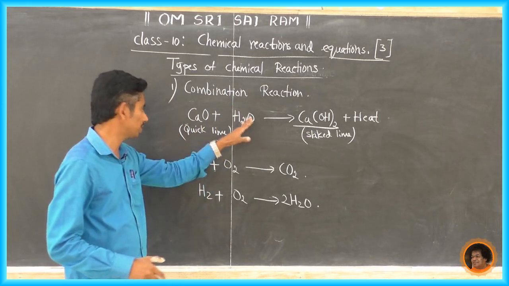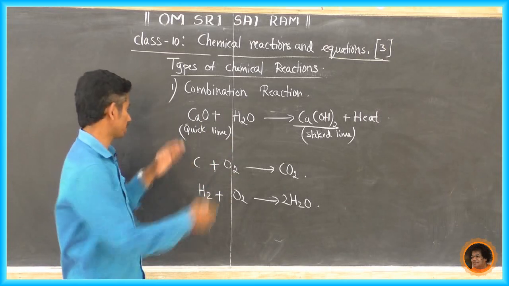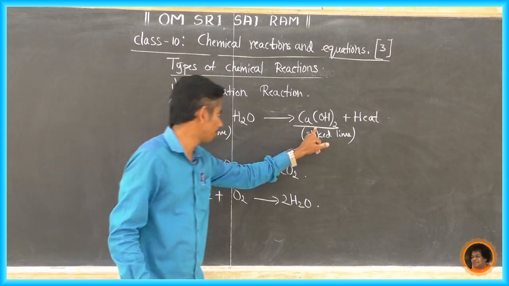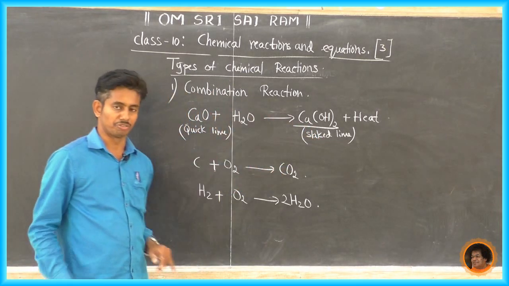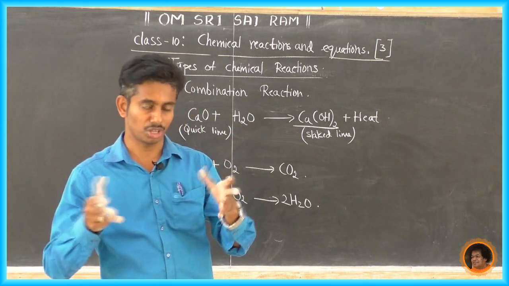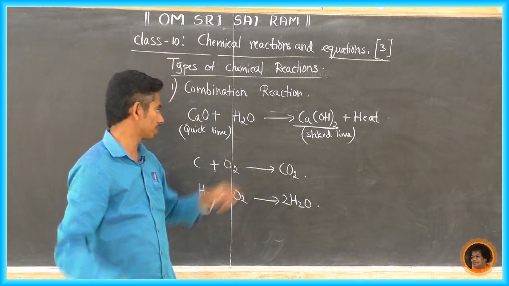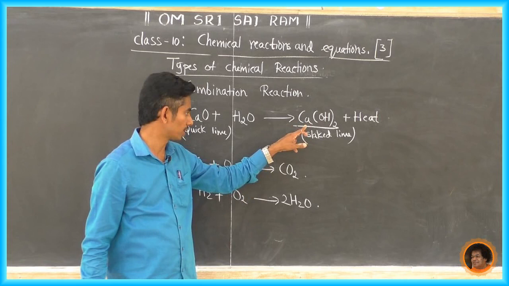Two or more substances, two or more reactants, combined to form a single product is called combination reaction. So what is combination reaction? Two or more reactants combine to form a single product, that is a combination reaction.